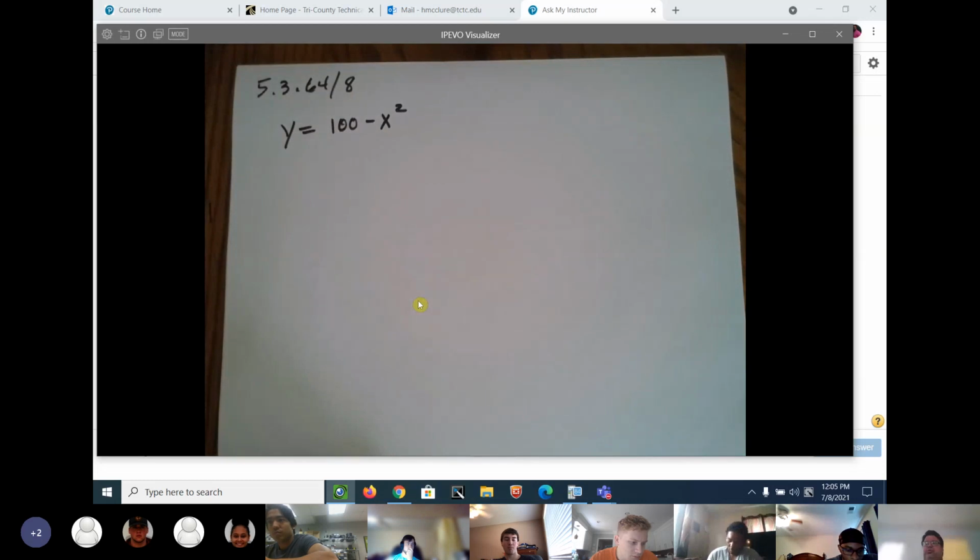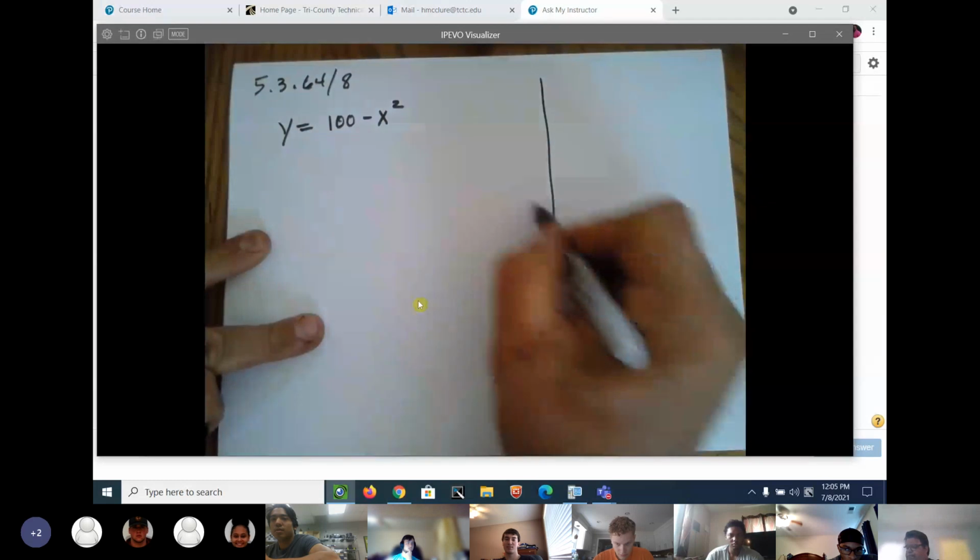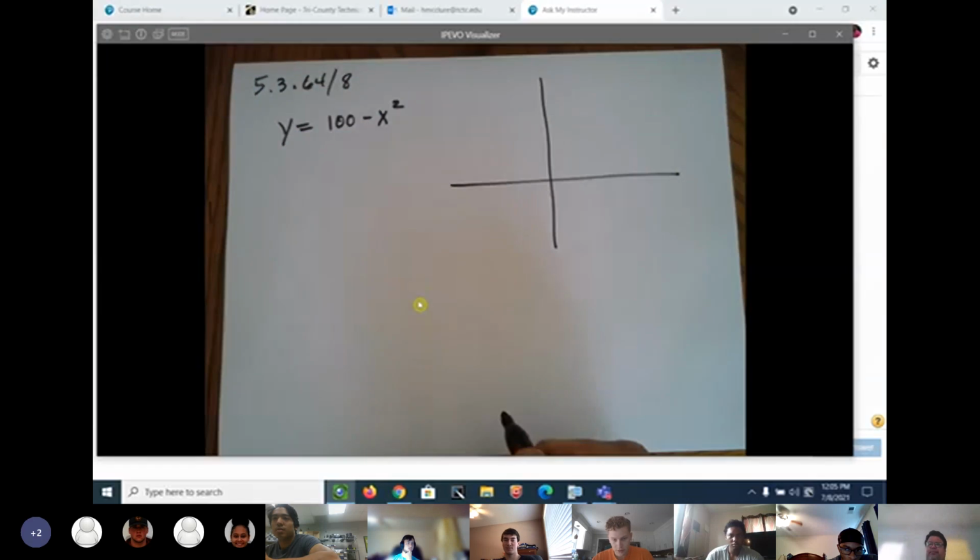What's the first thing you do when you're given a function and you don't know what else to do? You always do what with it? Draw a graph. Draw a graph.